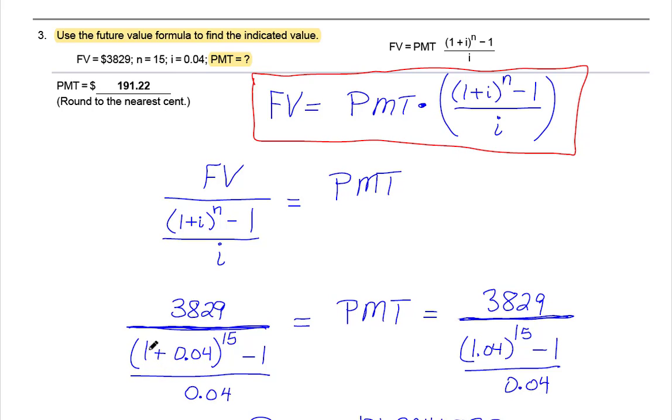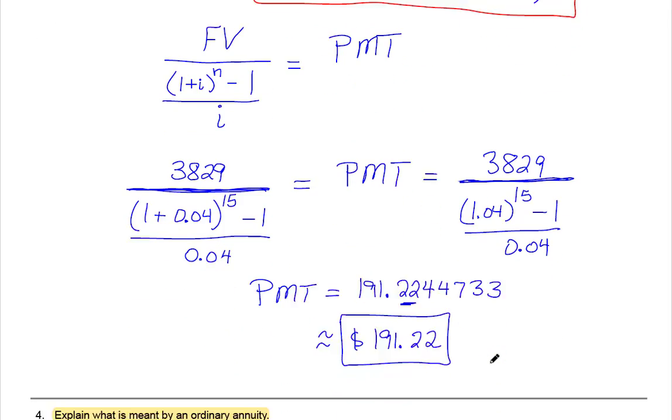All right, now I can at least add these together, so that's a 1.04. Now the easiest way to calculate this is, again, do the exponent part minus 1. Divide that by 0.04.